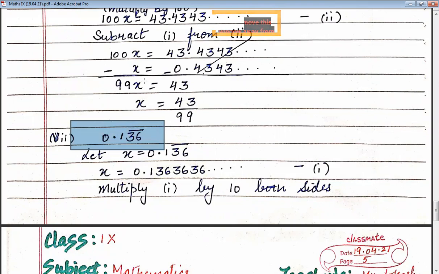So now here let x is equal to 0.136 bar. Now, children, can you tell me which digit is repeating here? Because your bar is at 3 and 6, not at 1. So it means 36 is repeating continuously. So it means you can write that x is equal to 0.1363636 and so on.